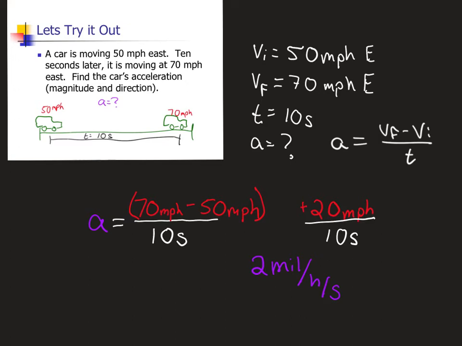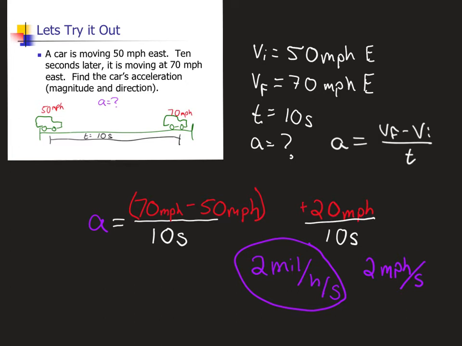Now, an alternative route could be 2 miles per hour per second would be the alternative way to write it. This is probably the preferred way to write that problem.